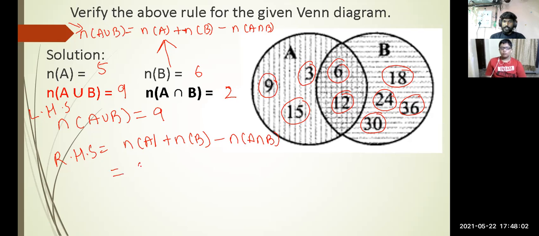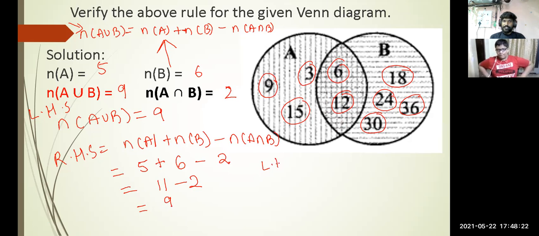Substitute the values. n(A) is 5 plus n(B) is 6 minus n(A ∩ B) is 2. 5 plus 6 is 11 and 11 minus 2 is how much? 9. So LHS is equal to RHS. That is, 9 is equal to 9.